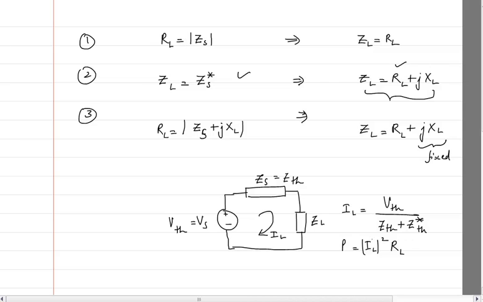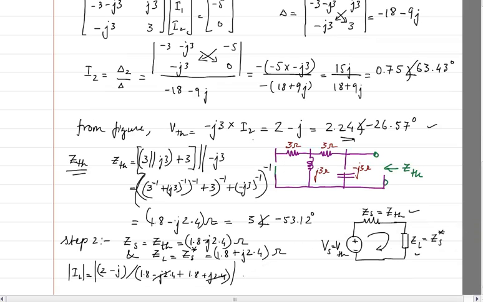I have to find only the magnitude square. So this is going to be 2 minus j divided by 1.8 plus 1.8, which is 3.6, and therefore the power will be the magnitude of IL square into RL.